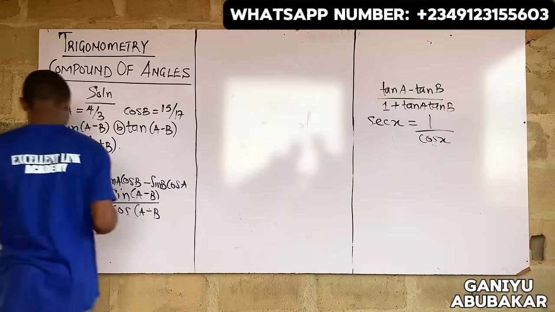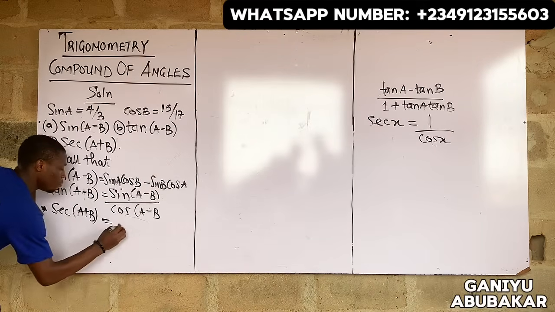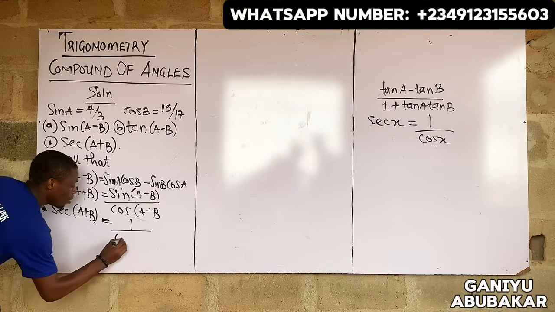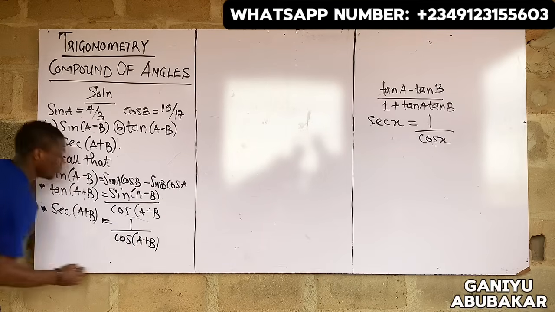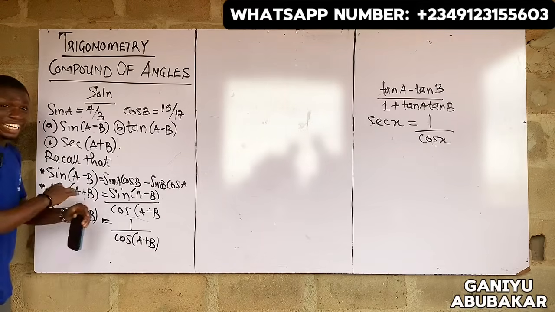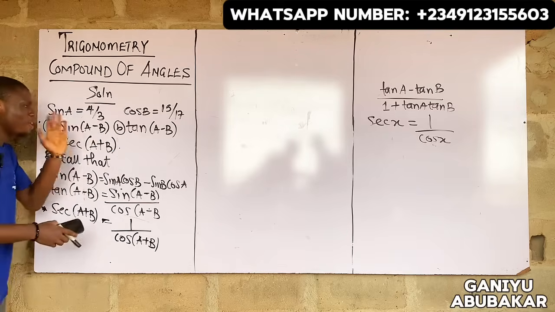So I can say that sec A plus B will give 1 over cos A plus B.